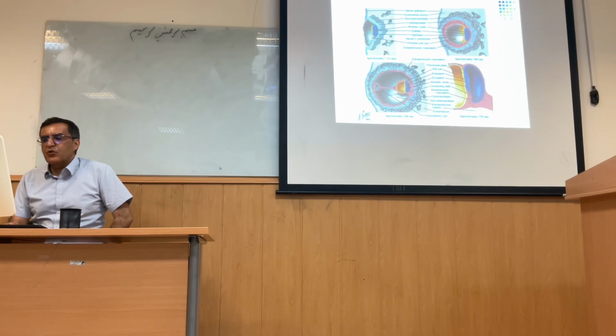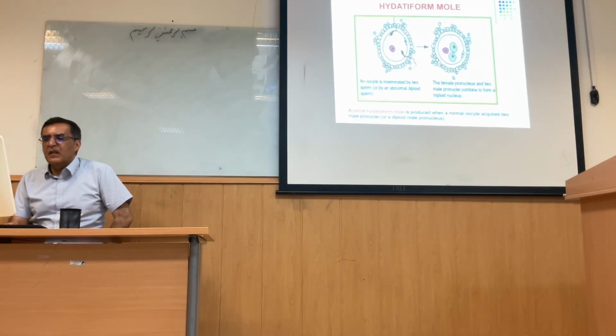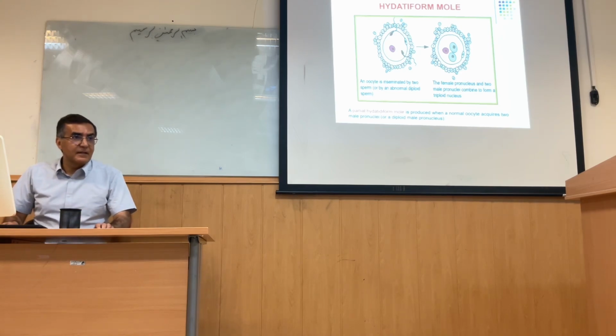Okay, that's another picture. This is another theory. You can see if two sperm fertilize the oocyte, what happens? We have a triploidy, and in this situation only the embryo fails, because we have an extra copy of the chromosomes. But maybe it remains 2 months because the placenta is full and secretes HCG.